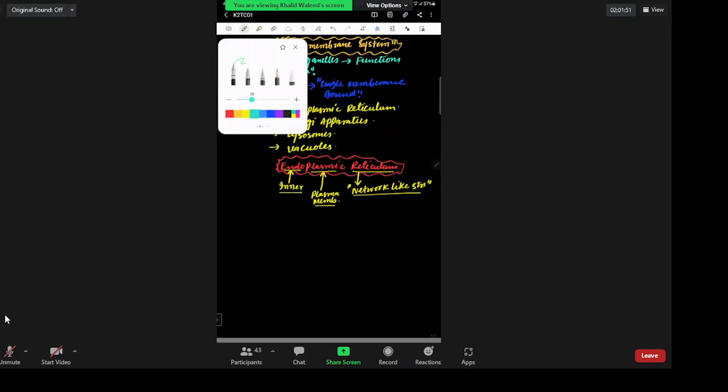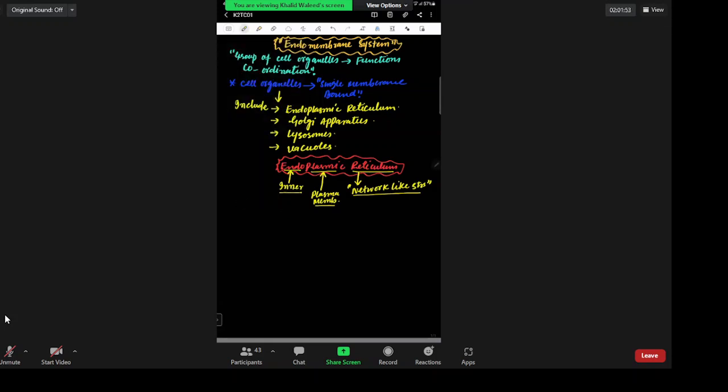The credit for the observation of these endoplasmic reticular structures goes to Garnier.